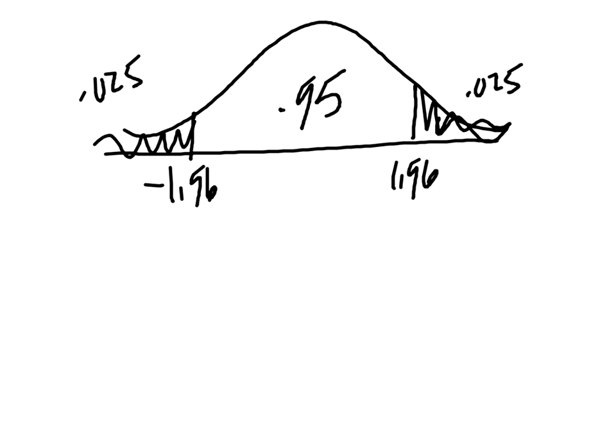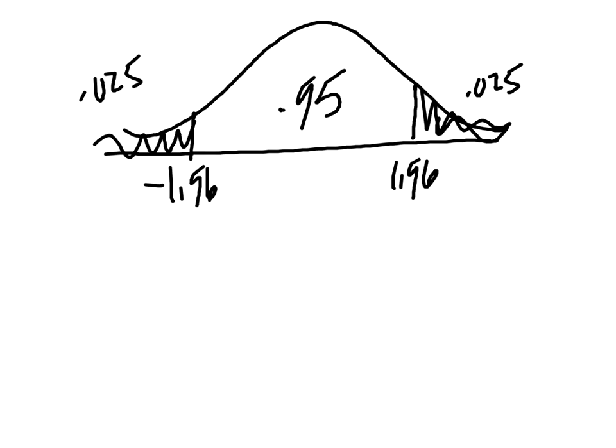Now, the reason I'm showing this also is to stress the fact that our alpha is in two tails. Okay, so that's our area of doubt. And it turns out when we have a two-tailed test that we have to do something with the p-value that we get. So here's what they do.